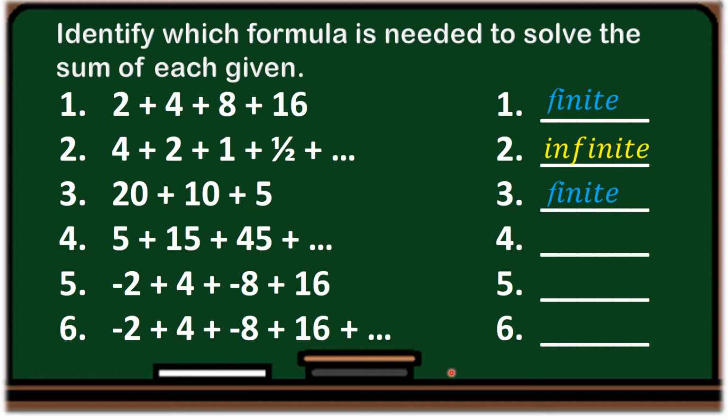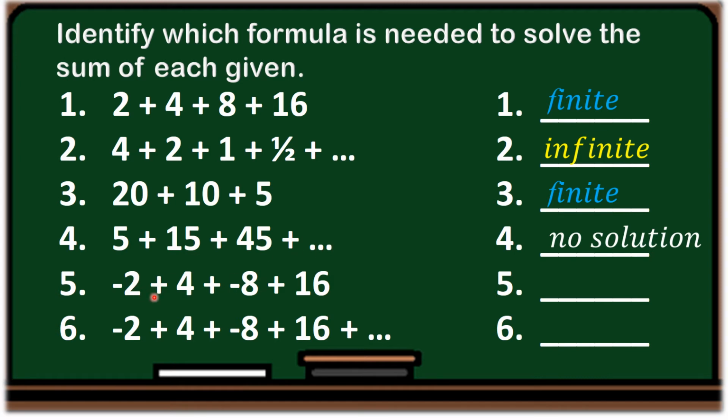Therefore, we cannot use the formula for infinite and also not for finite. Therefore, it has no solution. This is a special example of a geometric sequence wherein we cannot find the sum because it is infinite and the common ratio is not less than 1. 3 is more than 1.